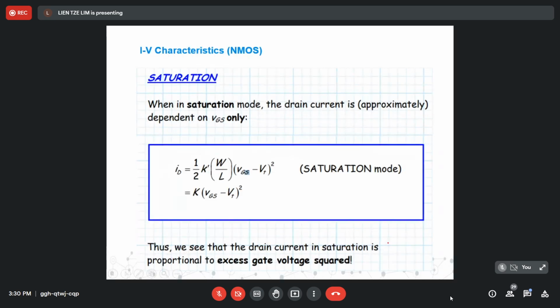Now I will go to saturation. This is the formula to calculate the drain current, also the same as the load current. This one I think I do not need to explain again because it is a similar one.